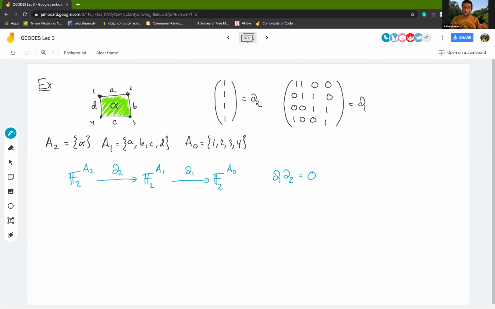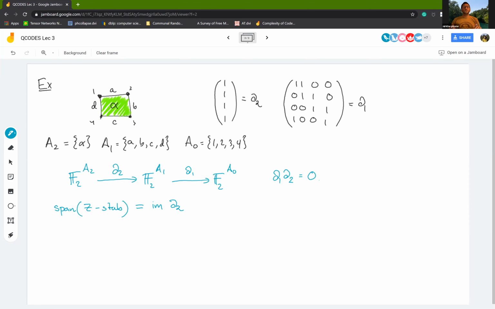Okay, so looking at how we came to this object, we can see the span of the Z stabilizers. So let's consider the Z stabilizers as everything that's generated by the Z checks that we identified in the beginning. This is going to be the image of the map delta 2, right? Because we created the map delta 2 by saying every generator, here are the faces it maps to.